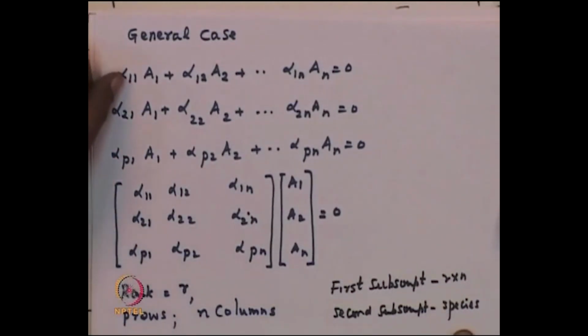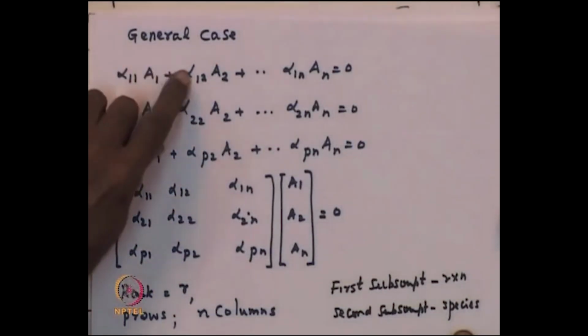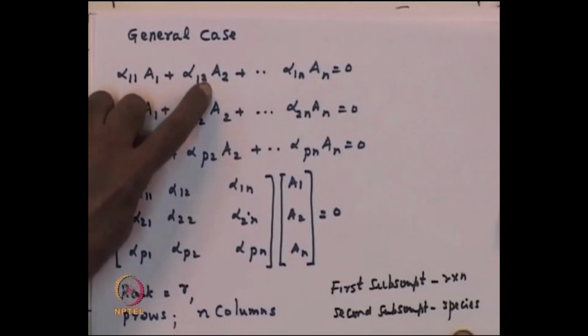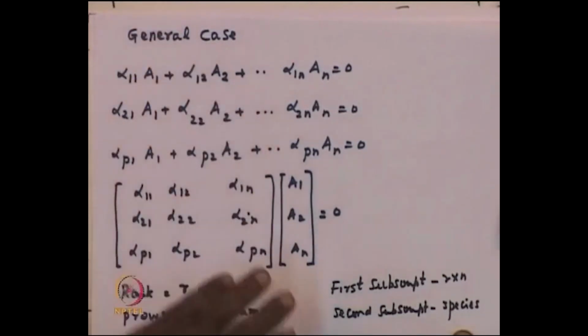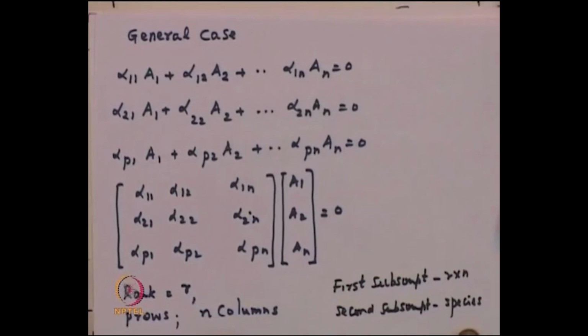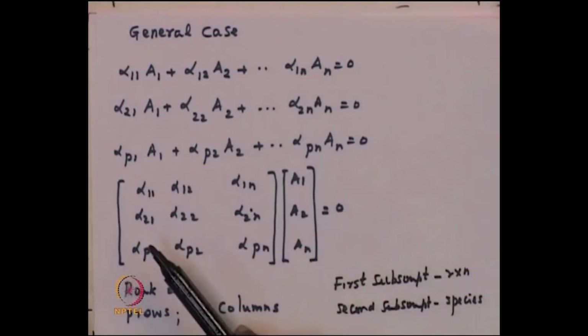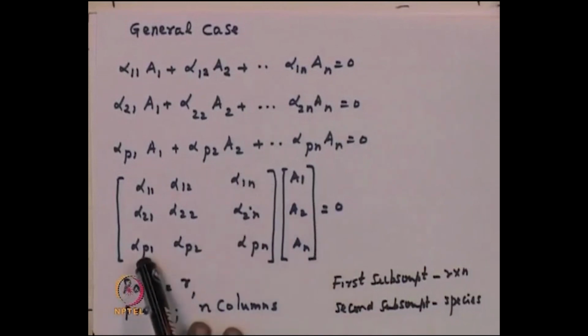So, alpha11 is first reaction, first species, and alpha12 is first reaction, second species. This is the nomenclature for writing a network of reactions. Now, we express this in the form of what we call the stoichiometric matrix, which is alpha11 to alpha1n, down to alphap1 to alphapn.